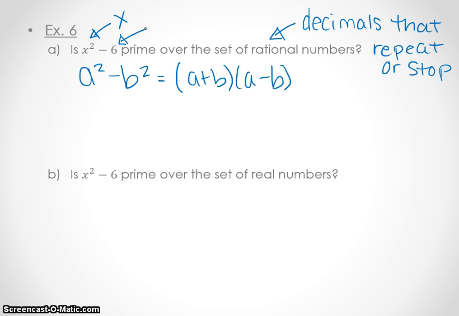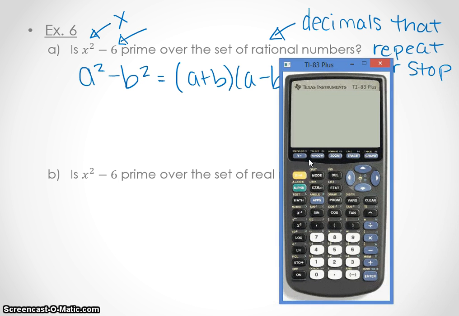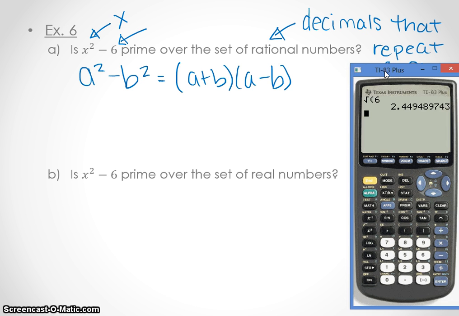We take the square root of 6, though. I'm not thinking that's going to be a rational number, so let's just try it. Square root of 6 is 2.4494897743, and I can guarantee you it does not stop there. That's just where our calculator screen ends. So this is going to be an irrational number.